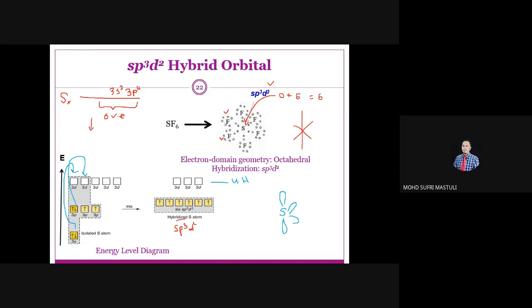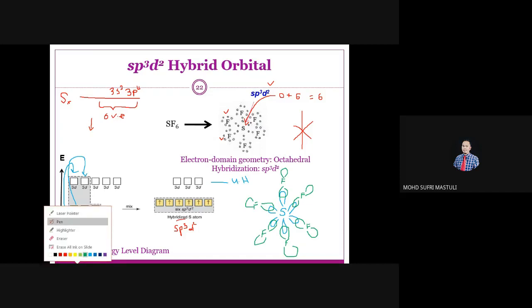This is what the octahedral looks like. Because the terminal atom is fluorine, it should be a p orbital. P orbital, p orbital, p orbital, p orbital, p orbital, and lastly p orbital.